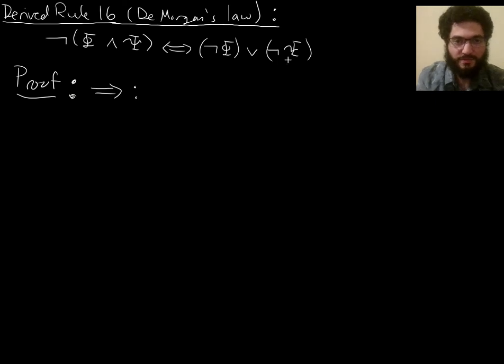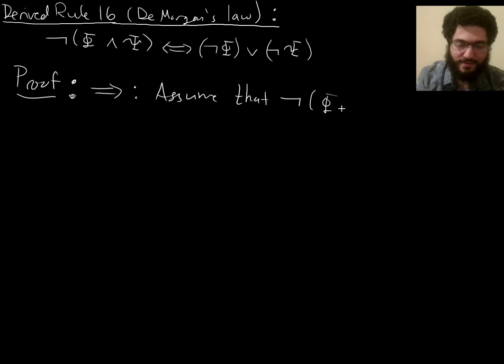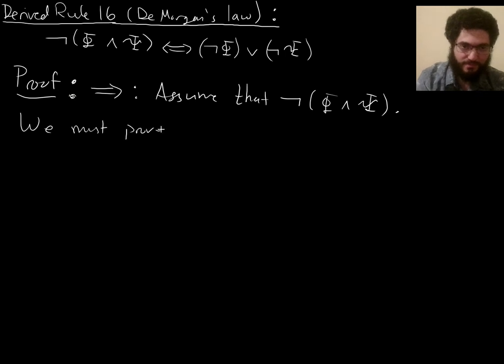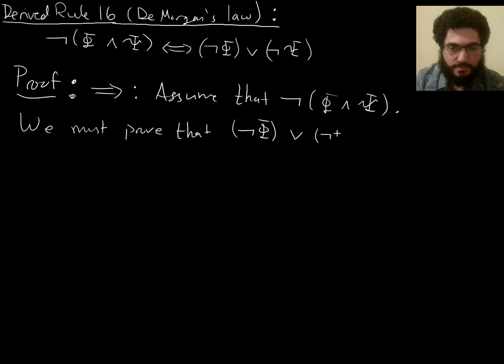Now I get to assume the left side and I need to prove the right side. So assume that it's not the case that phi and psi. And now the goal, we must prove that not phi or not psi.